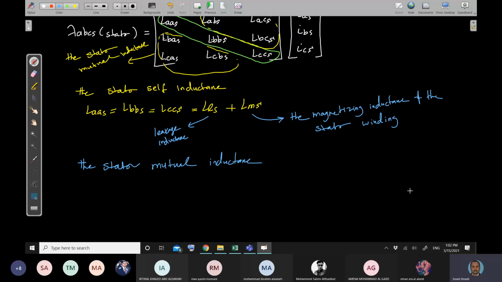So now let's think about this one. If I need to find the LABS, which is the mutual inductance between phase AS and phase BS, the angle between AS and BS is equal to what?